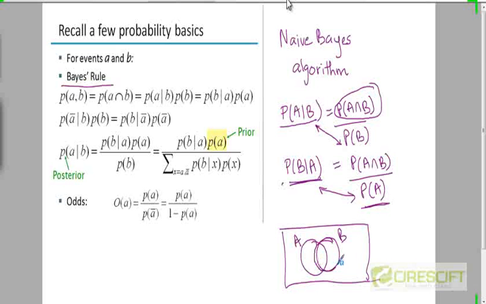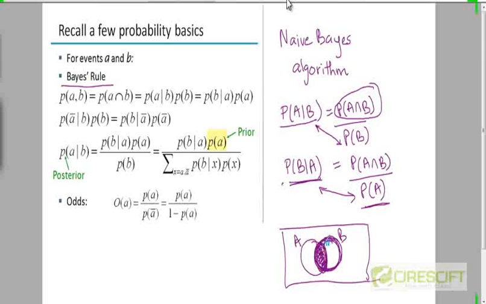If you're given that B has already happened, that means the set of possible events are restricted to this set B. And given that, what is the probability that some event within the set A happened? So the events that are in A are in this particular area, right? If you're restricting your events just to the set B, then the events that belong to A are basically the events in this particular set.